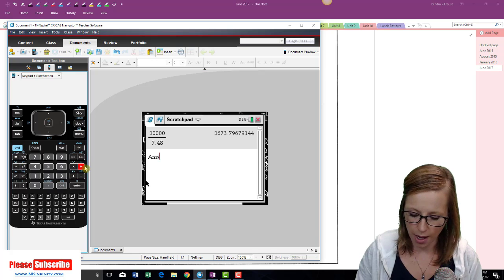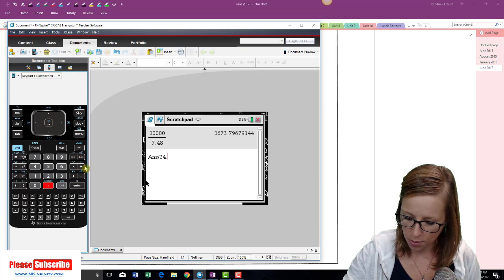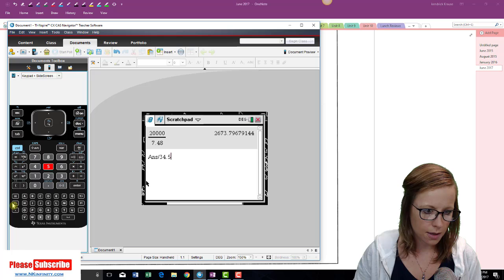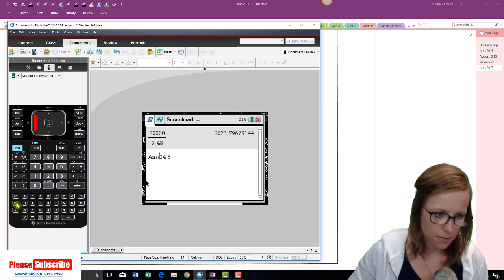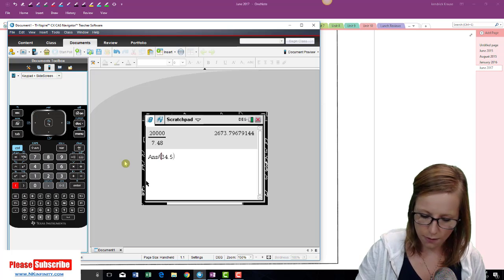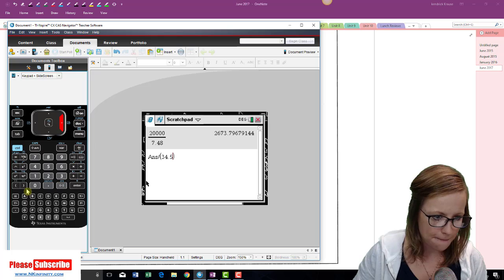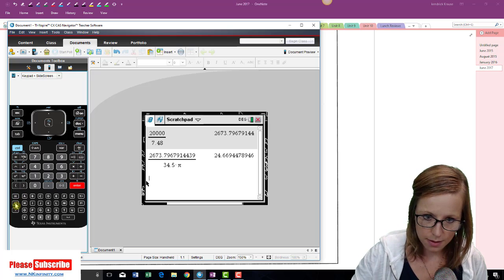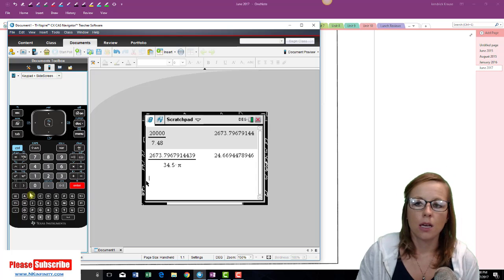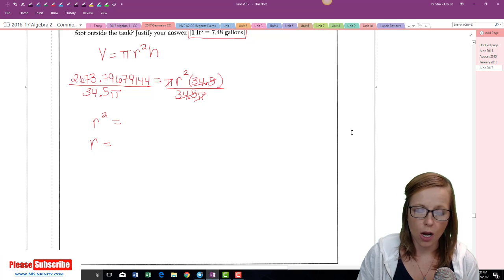So divided by 34.5, parentheses, 34.5 pi. Getting there. Okay, that's what r squared is equal to. So I want to take the square root of that number.